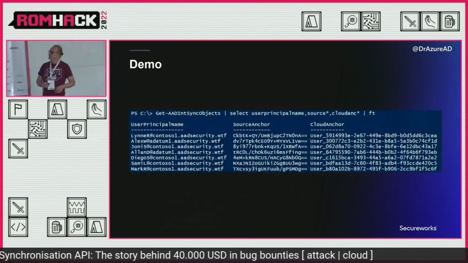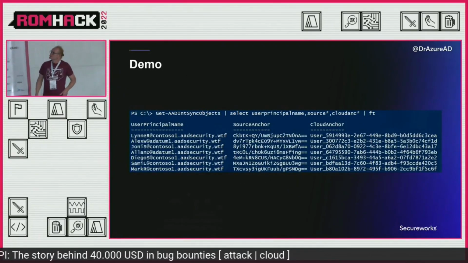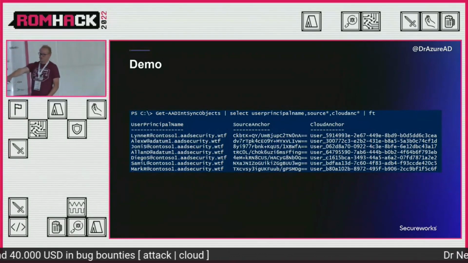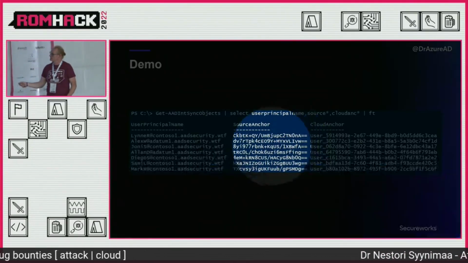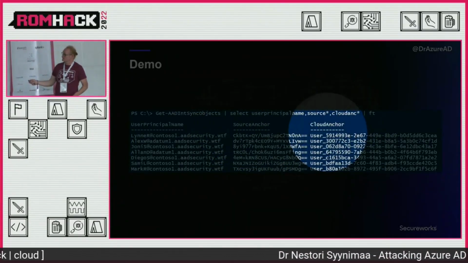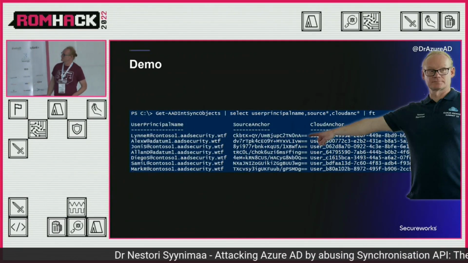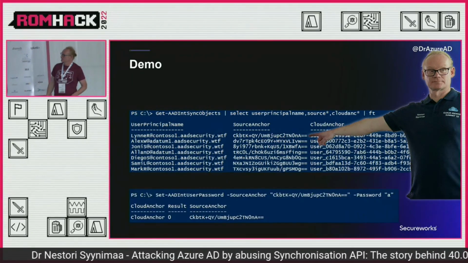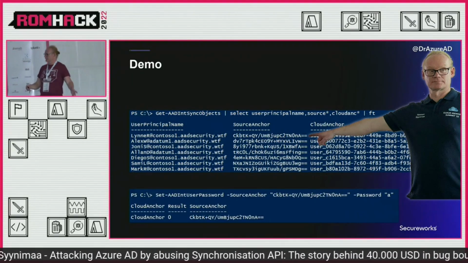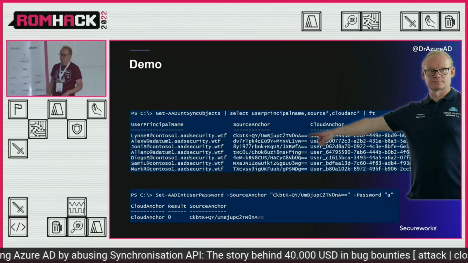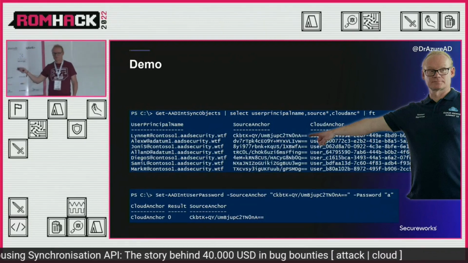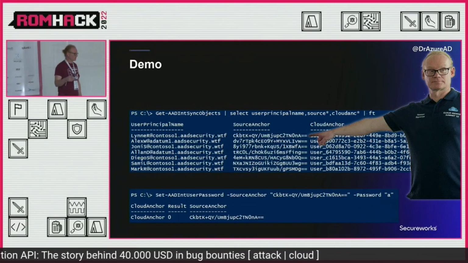Okay, so here's a demo. So I listed users from Azure AD, and we have the source anchor here, and the cloud anchor. And we choose to use Lin as an example. It's that one. And we just run a command, so Set-AADIntUserPassword, use source anchor, and use password A. And that is sent to cloud.